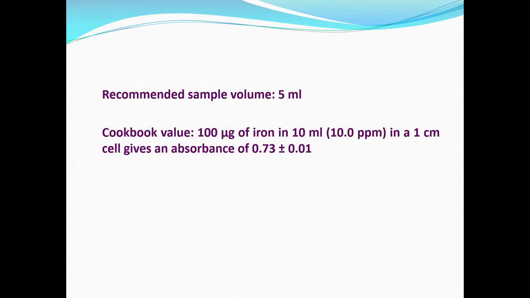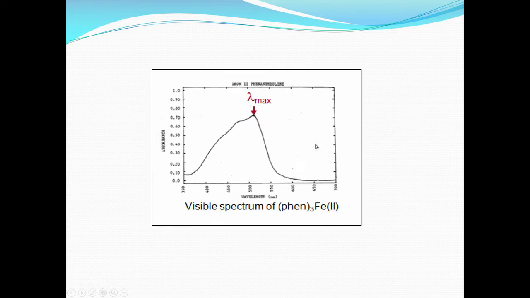The cookbook value for 100 microgram of iron in 10 ml, that is 10 ppm, in a 1 centimeter cell is approximately 0.73 plus or minus 0.01 absorbance only, sorry, not nanometer, but absorbance. So, this is the complex measured against its own blank.